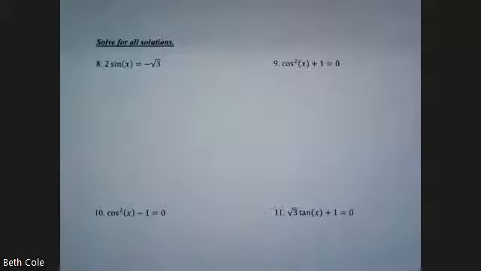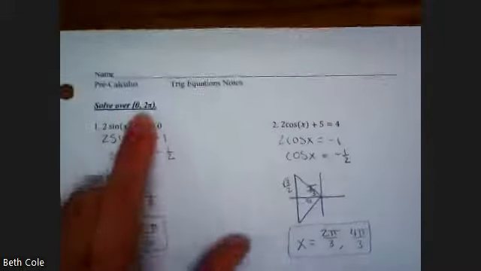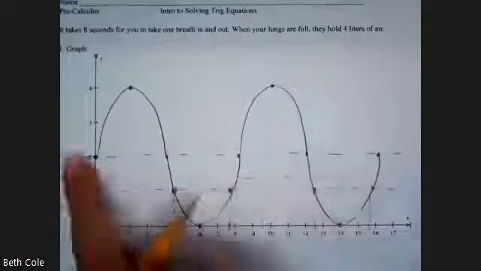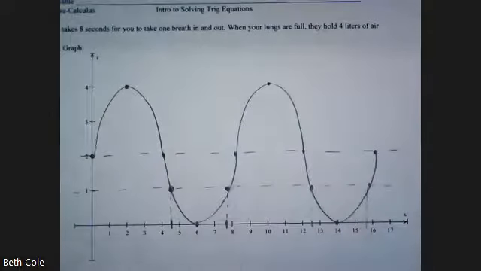All right, so the only difference with these ones on the back is over here it said solve for once around the unit circle. Over here it says solve for all solutions. So to relate that to the breathing, you're going to keep on breathing, like this is going to keep on going forever. We're going to say all the answers, forever and ever, infinitely.